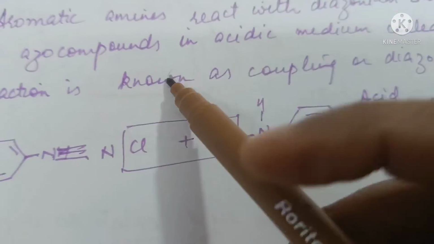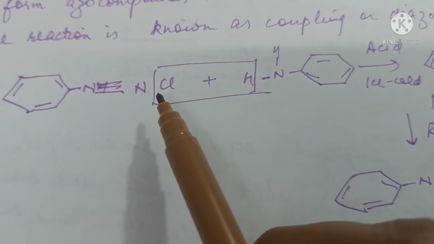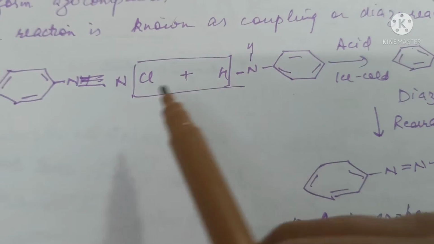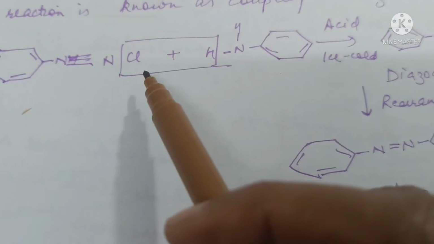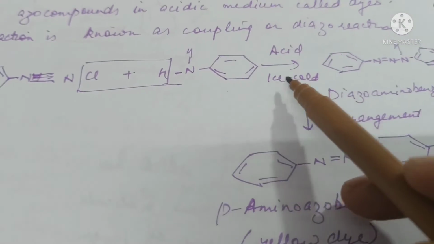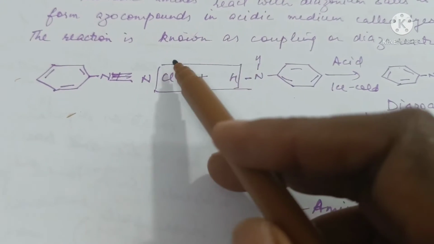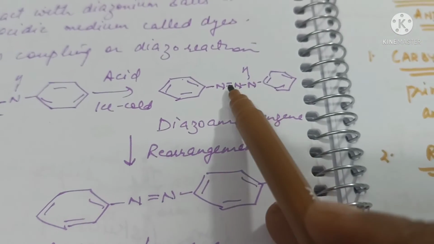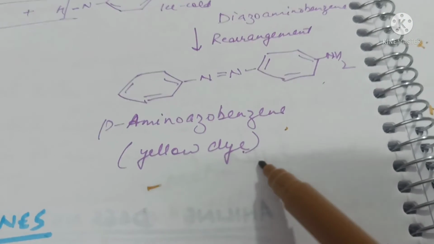Coupling with diazonium salts. Aromatic amines, on reacting with nitrous acid, form diazonium salts. When aniline is made to react with diazonium salt, benzene diazonium chloride, under ice-cold conditions in presence of acid, the H and Cl will combine to form HCl, and these two join to form diazoaminobenzene, which gets rearranged to para-aminoazobenzene, which is a yellow dye.